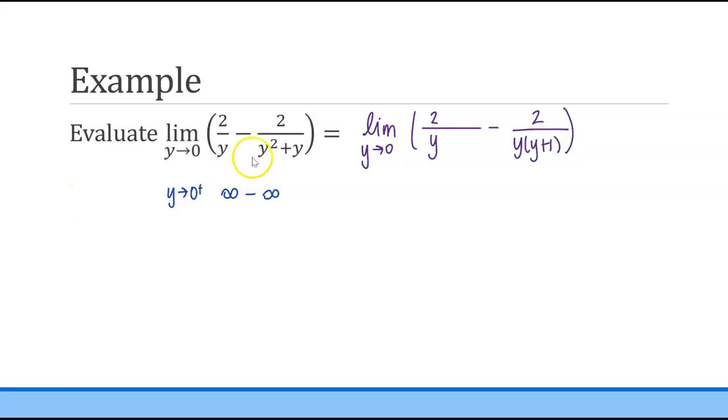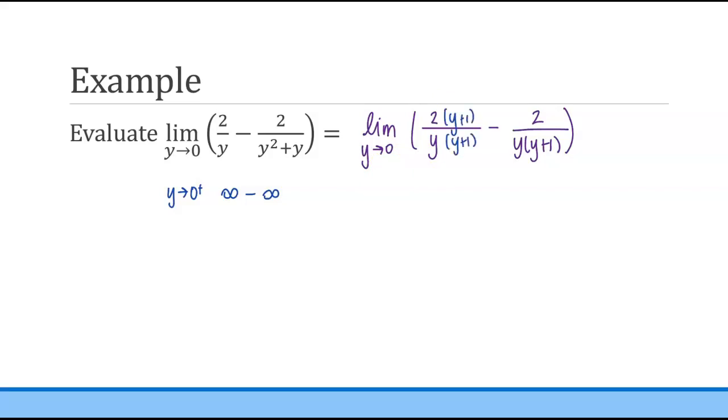So what's happening is I factored the denominator on the right hand side. I factored out a y. And so there's a y plus 1 factor on the right hand side. So in order to force these to have common denominators, I'm going to multiply the top and bottom by the quantity y plus 1.